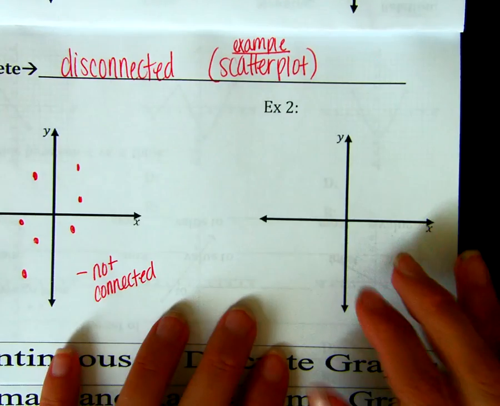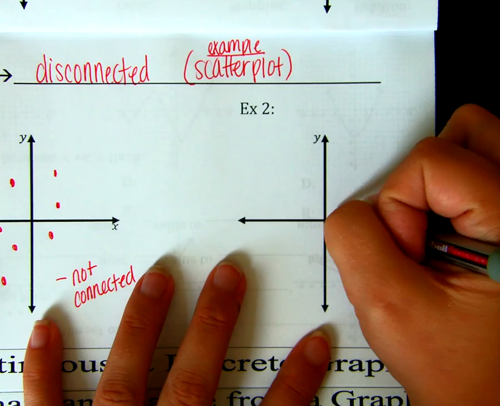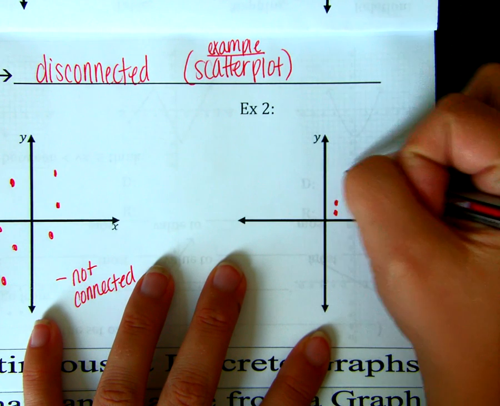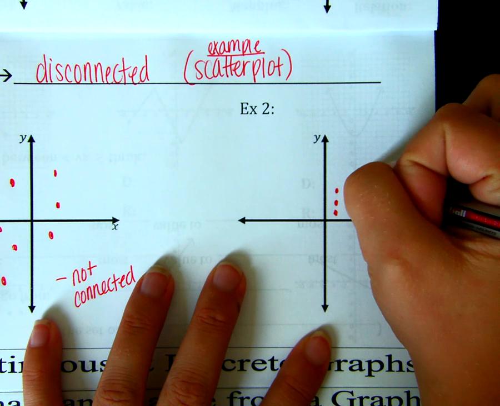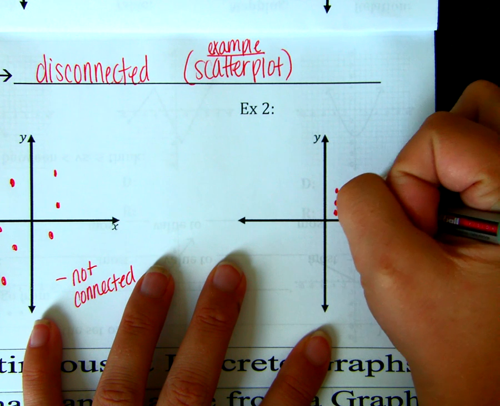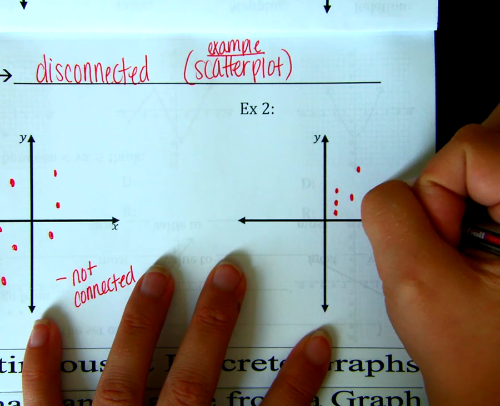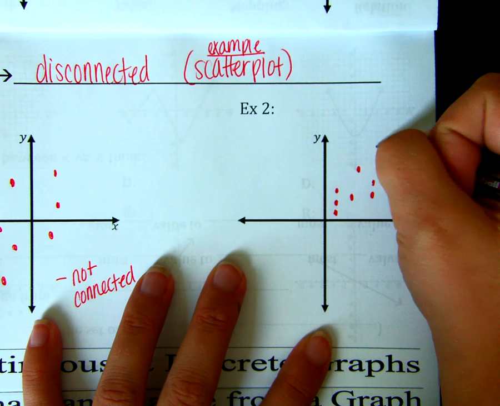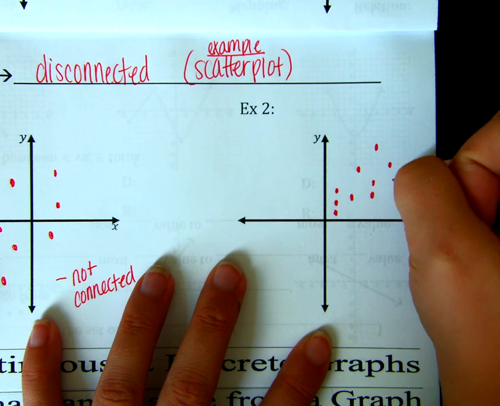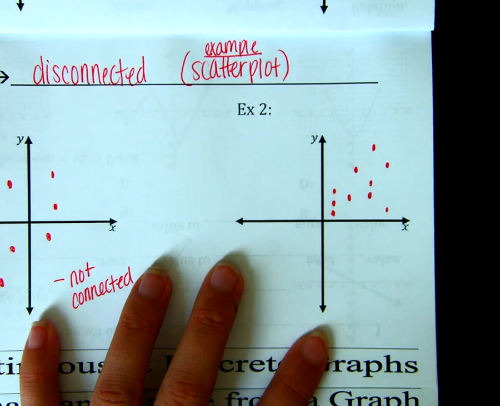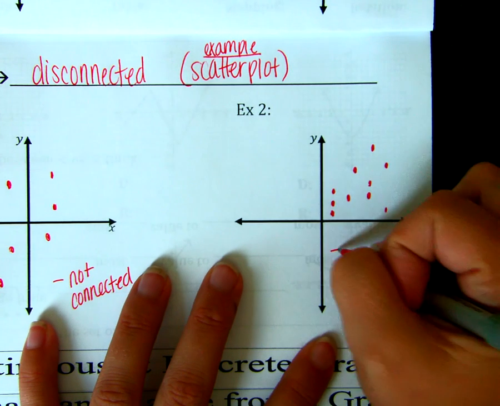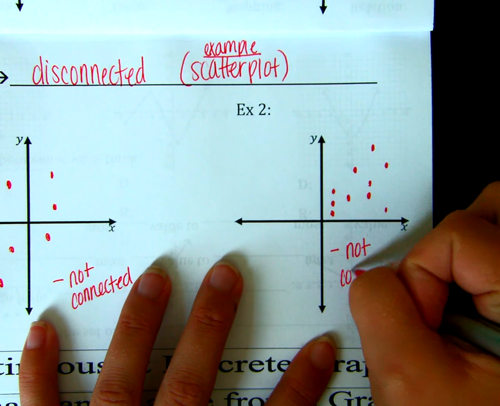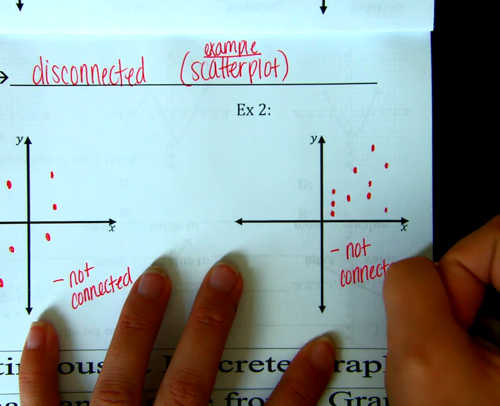Over here you may just have something like this, and it may be you marking points. But if it is not connected, that's still a discrete graph.